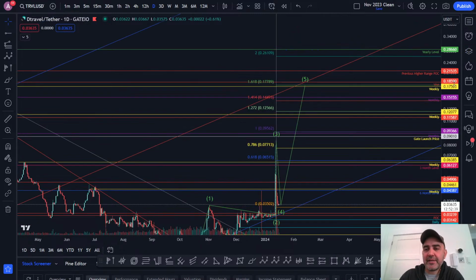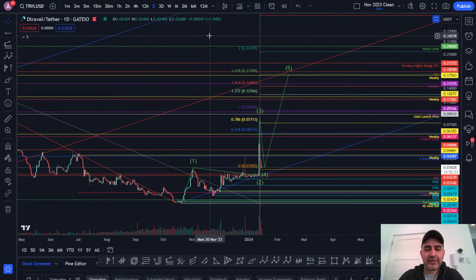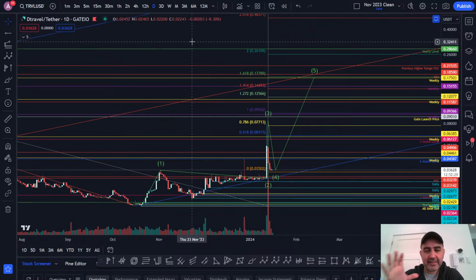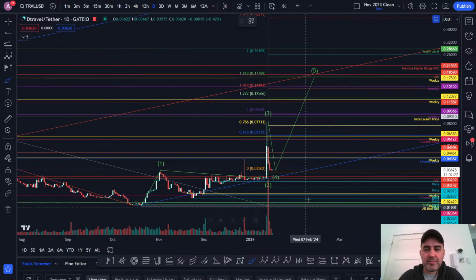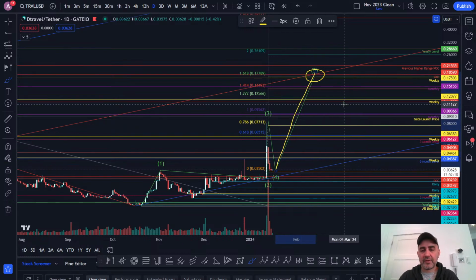It's quite interesting, huh? There's a lot of lines to look at on my chart, so I don't want to confuse you, but the area of interest is here, from the 4 to the 5.